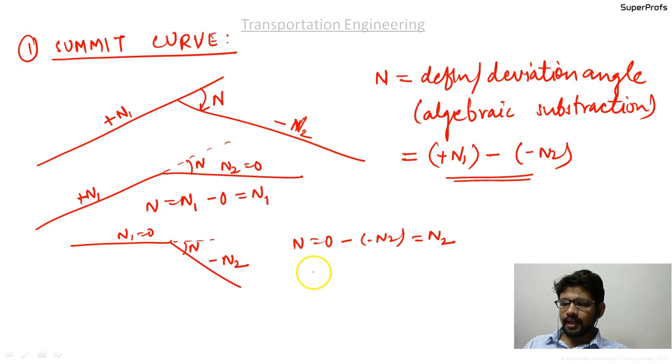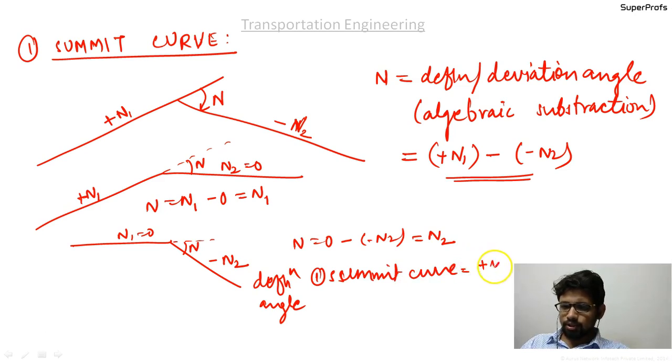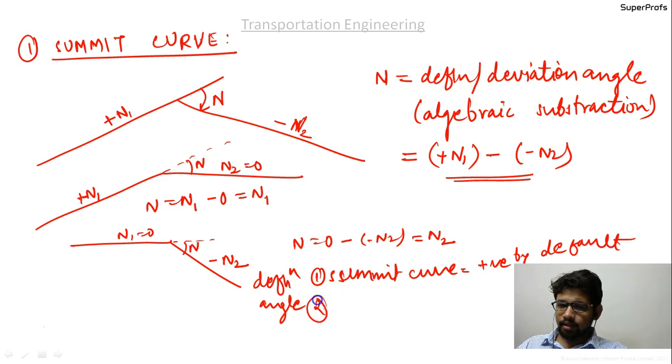So the deflection angle for a summit curve is positive by default, and for valley curves the deflection angle is negative by default.